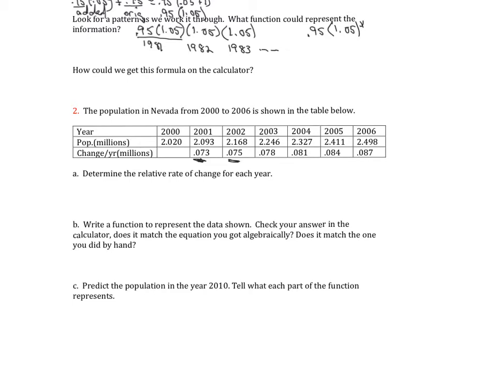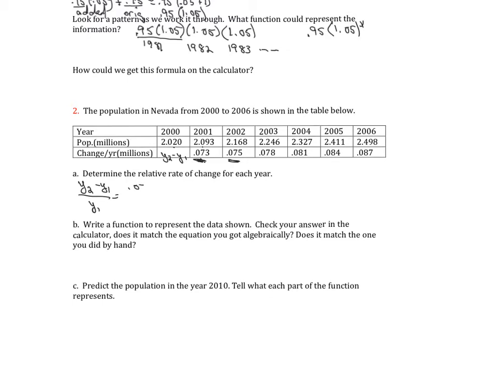They asked us to determine the relative rate of change over those years. Well, remember the formula for relative rate of change: y2 minus y1 over y1. Well, y2 minus y1 are those population values that I got in the table. So this part of the table is y2 minus y1.